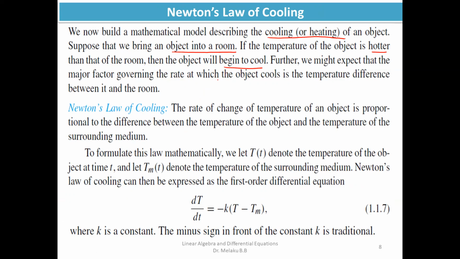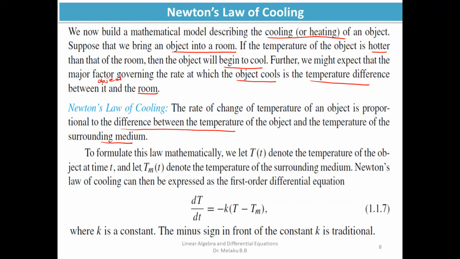Further, we might expect that the major factor governing the rate at which the object cools is the temperature difference between the object and the room. Therefore, according to Newton's law of cooling, the rate of change of temperature of an object is proportional to the difference between the temperature of the object and the temperature of the surrounding medium.